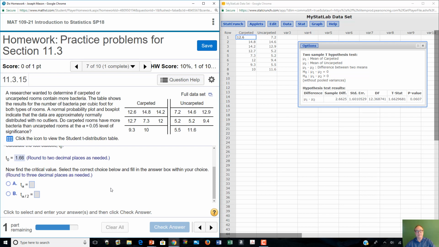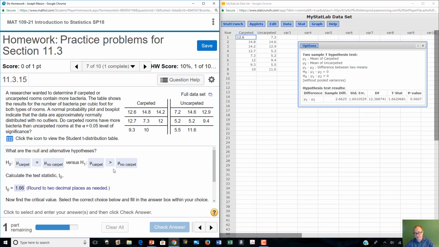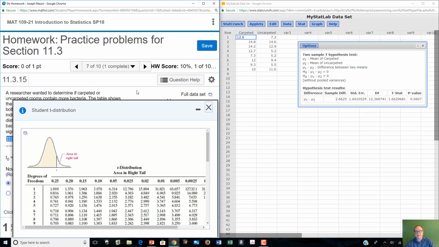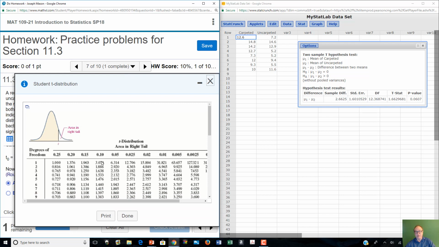Okay, now, since we are looking for greater than, then we're just going to look for t sub alpha, because we're only looking for the right tail. And alpha was 0.05. So if I go to this table for student distribution, now, I know that it's 5% in the right tail, so I'm going to use this column right here, the 5% in the right tail.